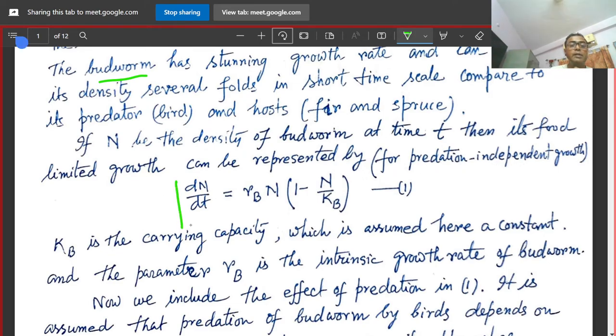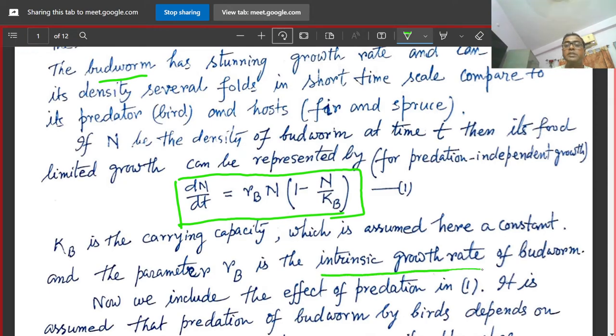We consider this model: dN/dt equals r_b N times (1 minus N by K_b). Here K_b is the environmental carrying capacity, assumed constant, and the parameter r_b is the intrinsic growth rate of budworm.